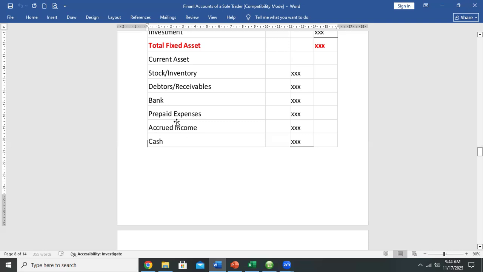And I'll explain that before. So the bank should come and then the cash finally. Okay. So let me do that correction here for us. The bank is supposed to come after the prepaid expenses and accrued income.